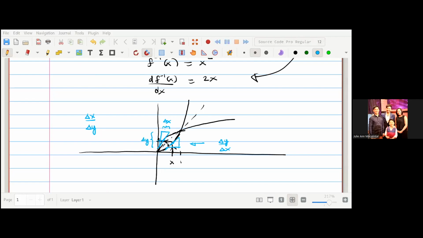Okay, so let's now go to an exercise. So in exercises 19 through 24. So pakigwa yung exercise number 19. So let me stop sharing here.